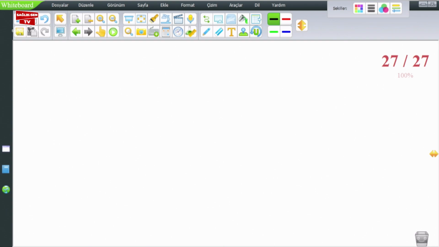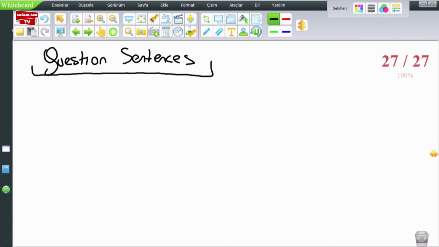Let's go on with question sentences in reported speech. In question sentences, we have a yes-no question type and a WH question type. We will start with yes-no questions.